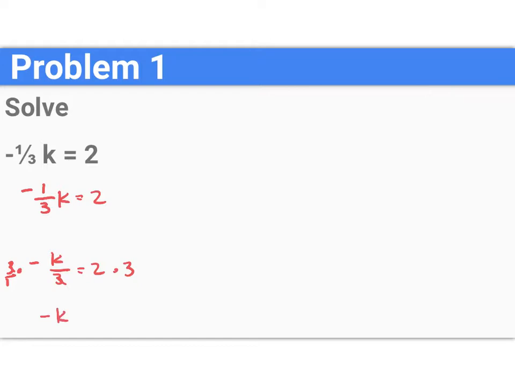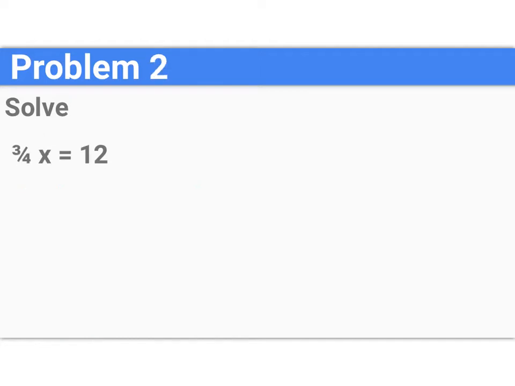We have negative k equals 6, and then multiply by negative 1, or divide by negative 1. It's the same thing, so it really doesn't make a difference what you do. If there's no number in front of the k, we're going to put a 1 in front of it. And so now k, positive 1k, because that's what we need, is negative 6.